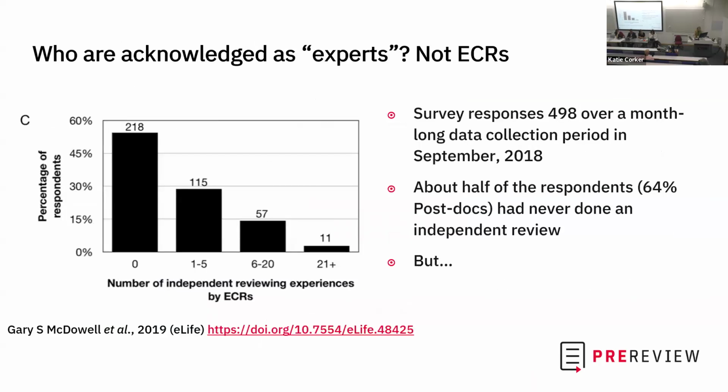And also there's a bit of data here about who are acknowledged to be experts. So here in this other study by McDowell and colleagues, also from 2019, they surveyed nearly 500 early career researchers. So this is anyone who's defined as not a principal investigator. And about half the respondents responded that they had never done independent peer review.